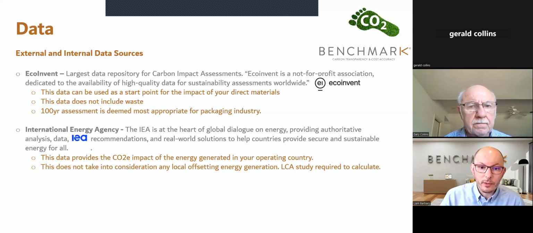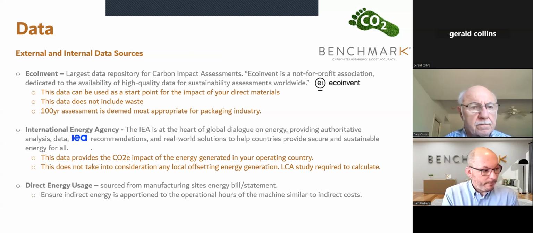So all you need to do within your carbon footprint assessment is say, how many minutes and hours do I need to use my manufacturing machines for, in the same way you would for cost modeling. But then you're applying this CO2e number, which you'd get from the International Energy Agency and EcoInvent.